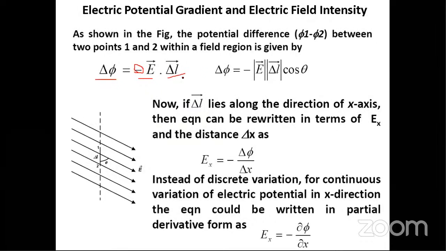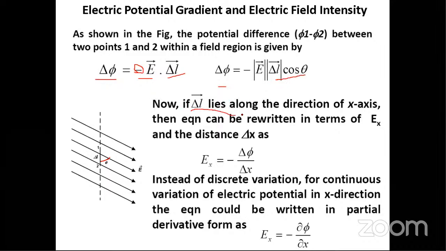Why do we consider that? Because we are losing potential from 2 to 1. So delta phi is equal to minus E del L, where E makes an angle theta with del L, so the direction component is del L cos theta.